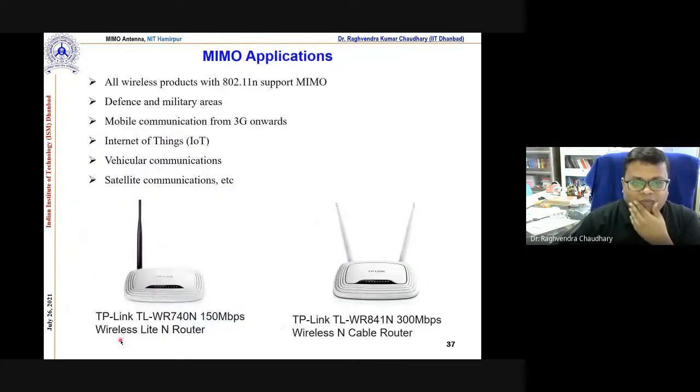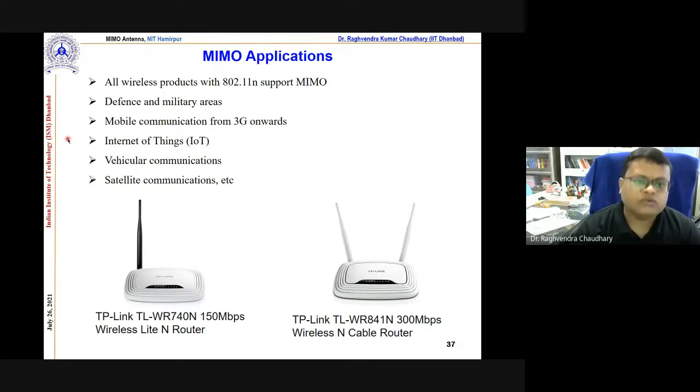Some of the applications, think about it, like here you can see very well-known things. Routers in our office or home. Correct. So all wireless products with 802.11n support MIMO. And defense, we may deploy these things.